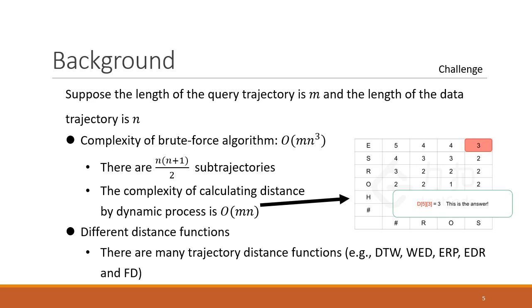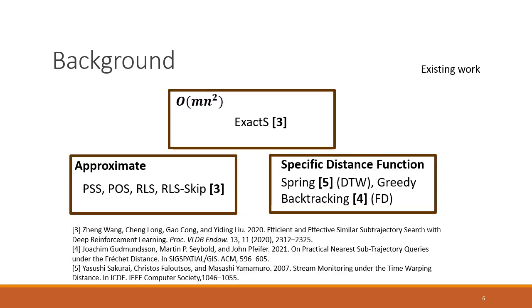On the other hand, there are currently many distance functions available, making it difficult to find a universal approach that works well for most distance functions. Some existing work still has limitations in solving the problem of similar subtrajectory search. ExactS, for example, removes redundant calculations from brute force search and can compute accurate solutions in mn-squared time complexity.